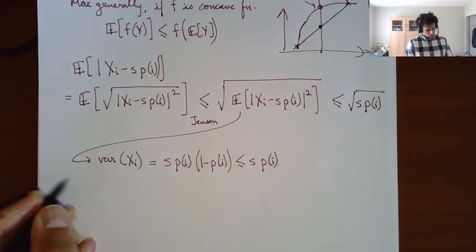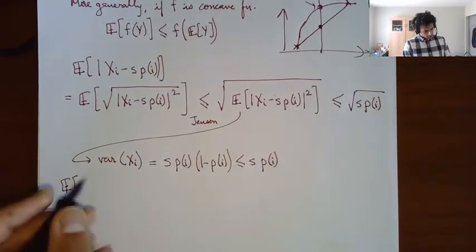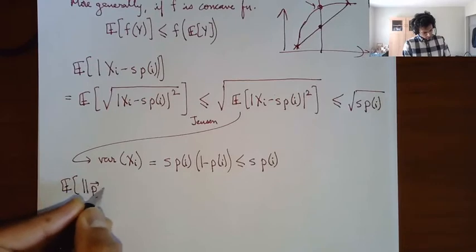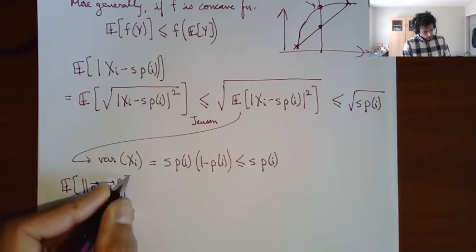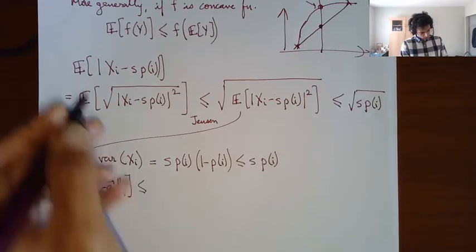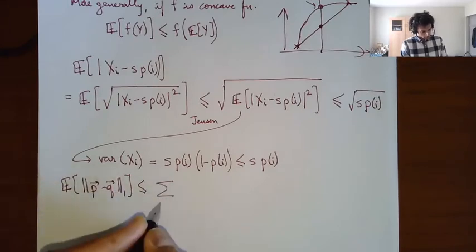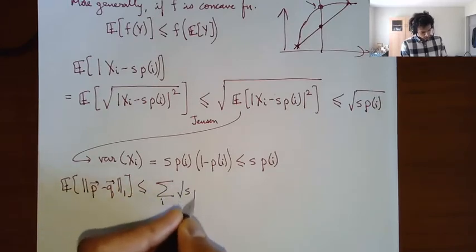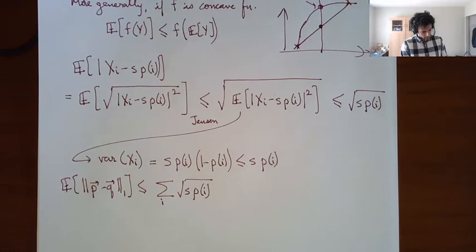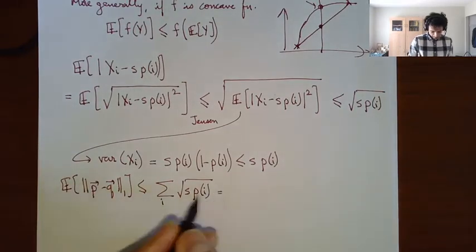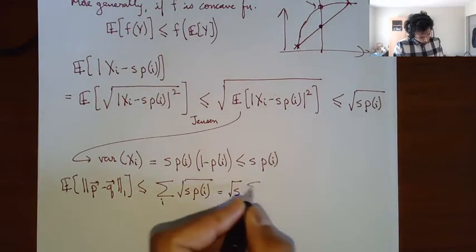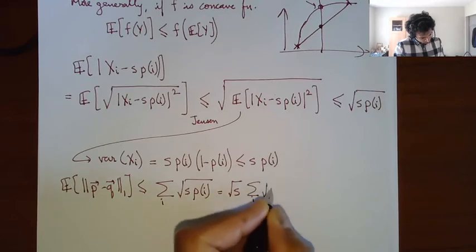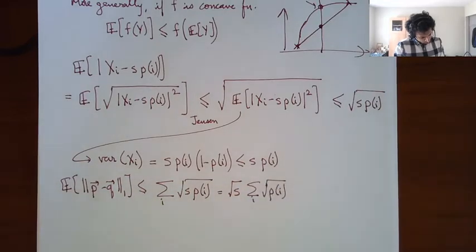Okay, now that I have this, I can look at the L1 distance between P and Q, which is at most the sum of all of these quantities. So it's the sum over i of the square root of s times pi, which is equal to the square root of s times the square root of pi. So I get the sum of roots of probabilities, right?